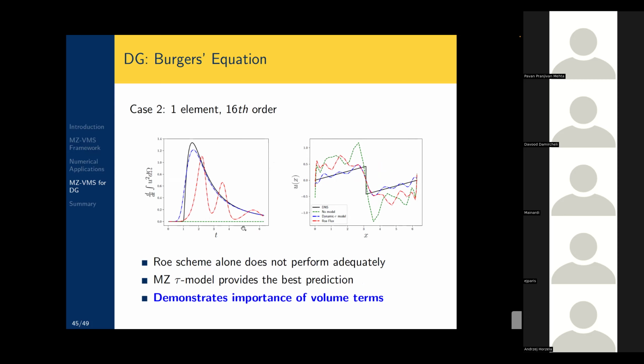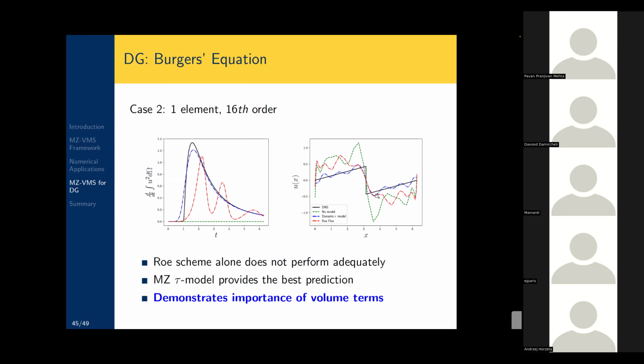Here the baseline Roe scheme is woefully inaccurate, and that's because it doesn't account for how you should add dissipation, how you should model the subgrid scales that appear in the volumetric sense. It's only really adding dissipation at the interfaces, while the MZ model looks quite nice overall. It can account for how we should add dissipation to the volume terms.